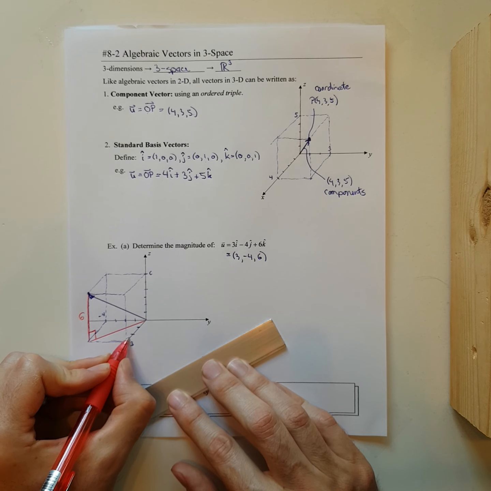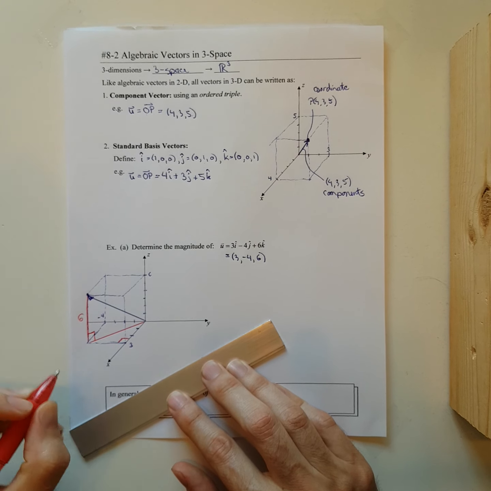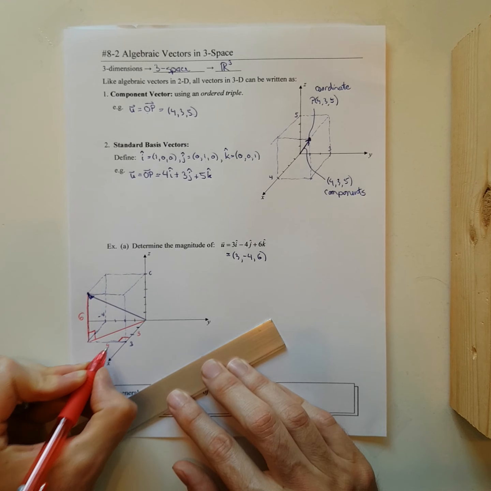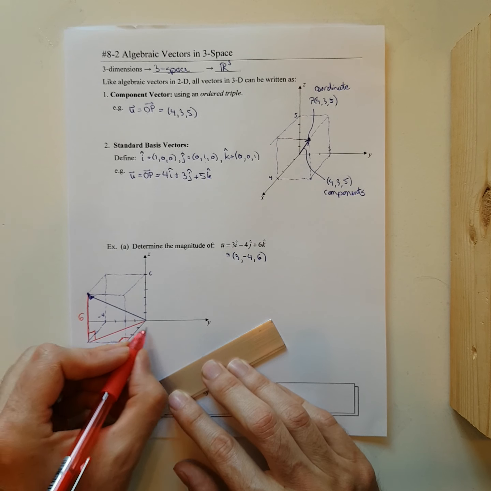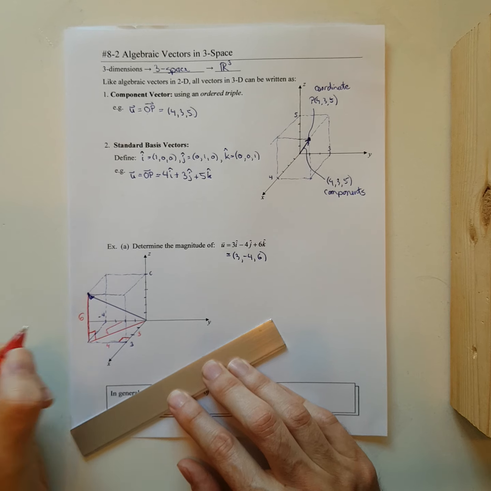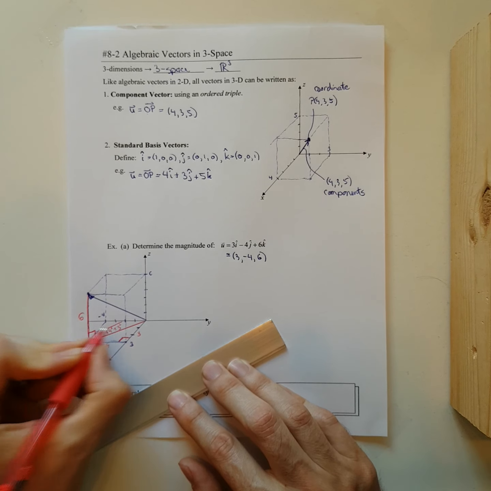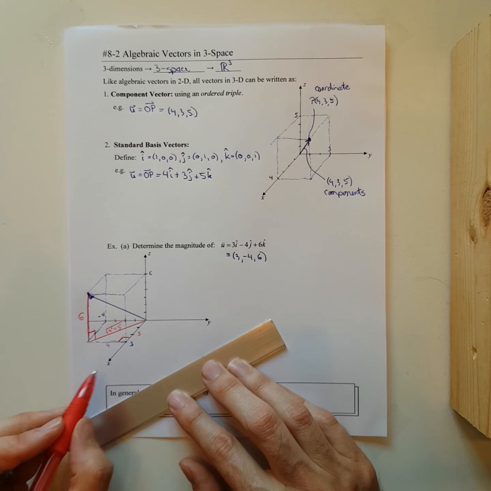But if you look on the bottom, we also have a right triangle. So I could figure out how big that side is by using these dimensions here. I could use the Pythagorean theorem down here, and I would be able to figure out that that side is actually the square root of 4 squared plus 3 squared. a squared plus b squared is c squared, and take the square root.